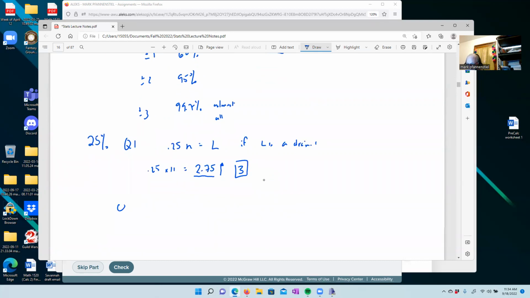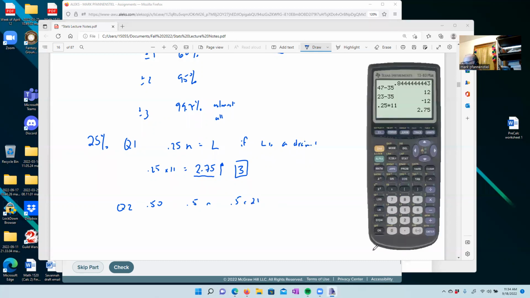Same thing, Q2, that's the 50th percentile. You guys have already seen the 50th percentile. We call it the median. The same rules apply. We take 0.5 times n. If it turns out to be a fraction, so if the number is odd, say I had 21 things, we're going to say 0.5 times 21, and we're going to get 10.5.